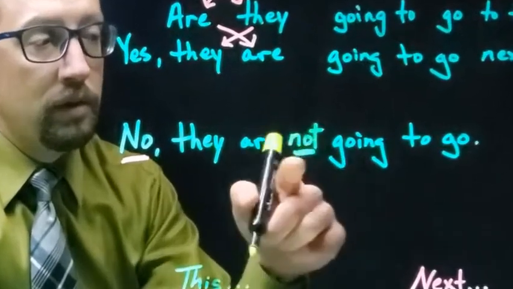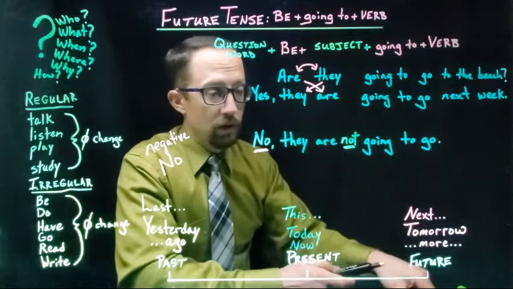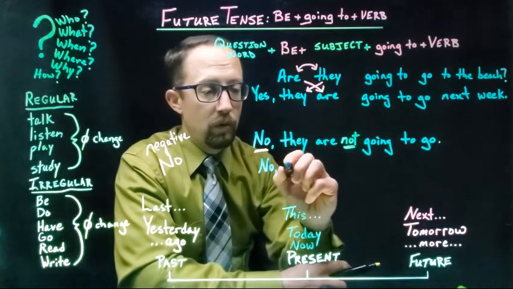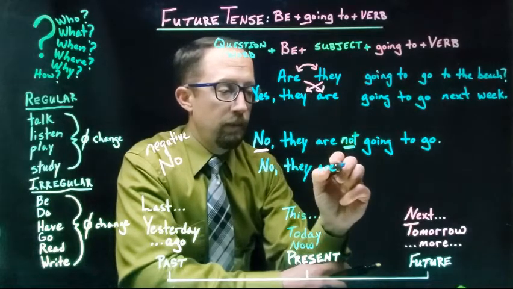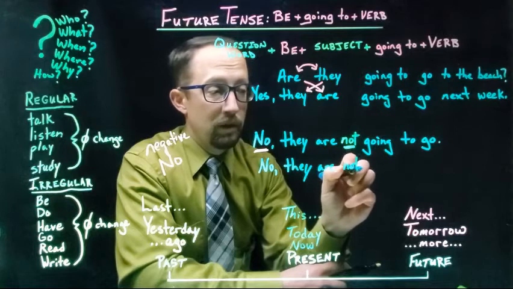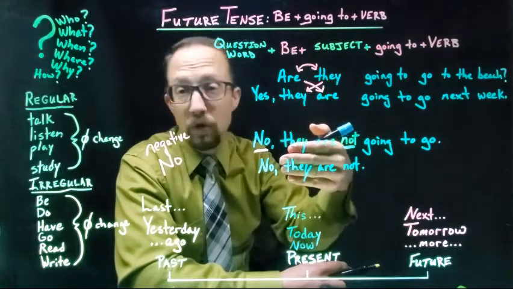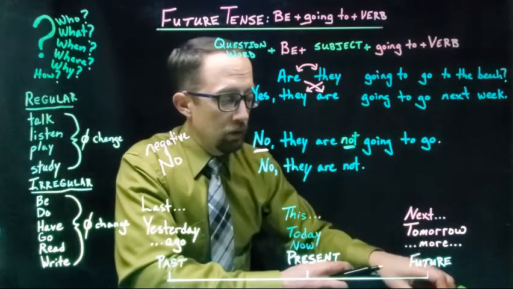They are not going to go, okay? You can also say something like, no, they are not, to make it a little bit shorter. You can also just say no. You can also combine these.